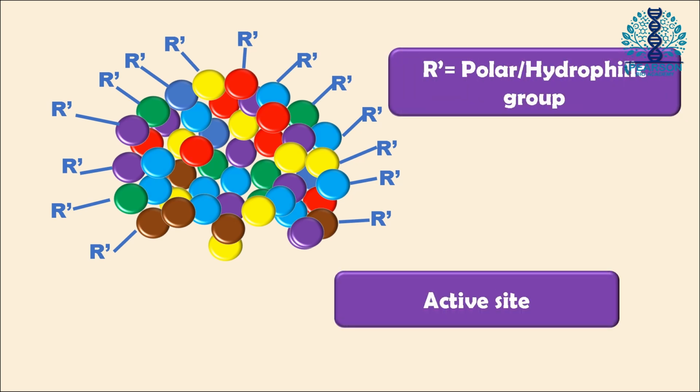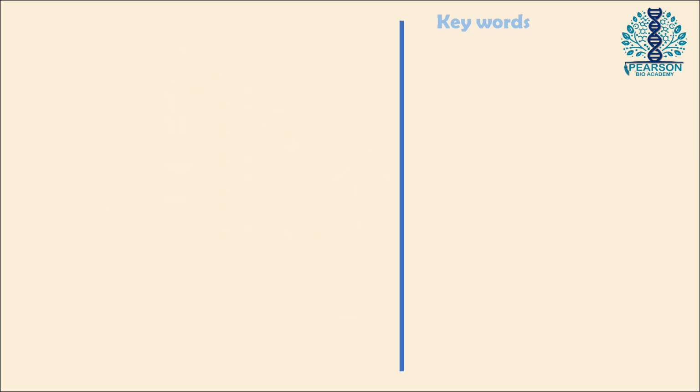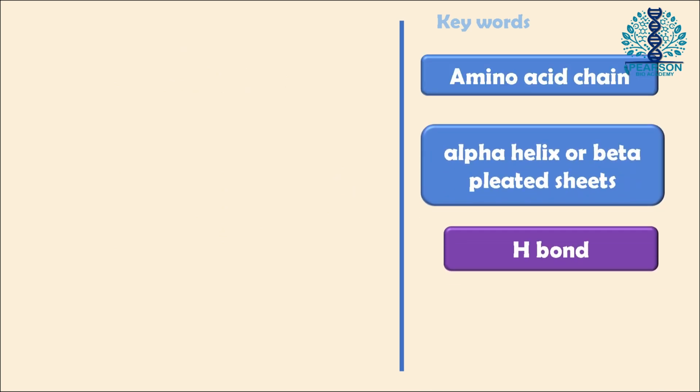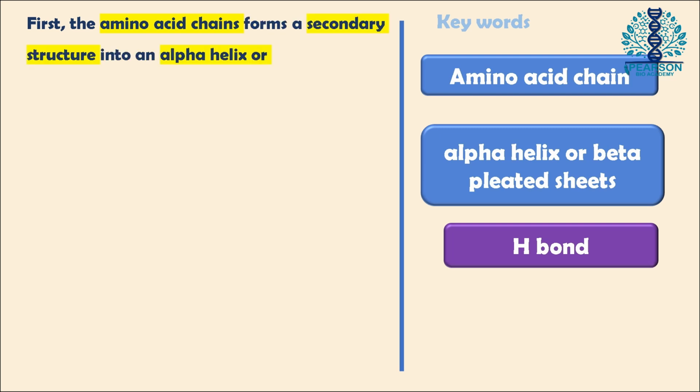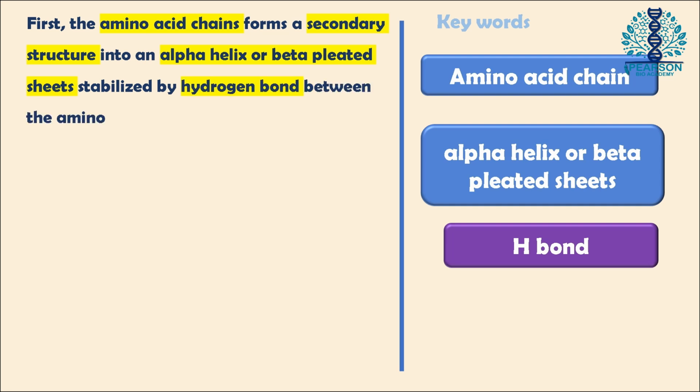Now, let's tackle the answer using the keywords. First, the amino acid chain forms a secondary structure into an alpha helix or beta pleated sheet stabilized by hydrogen bonds between the amino acids.